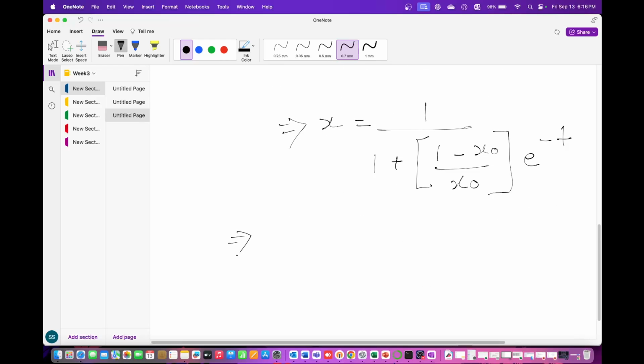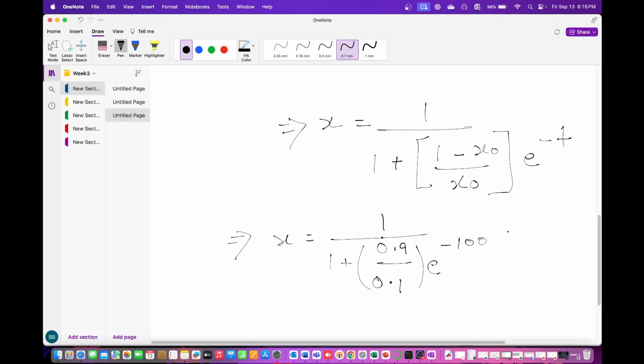So x equals 1 by 1 plus this term, 1 minus 0.1, which is 0.9 by 0.1, e to the power minus 100. If you calculate this value, this becomes 9, so 1 plus 9 e to the power minus 100.